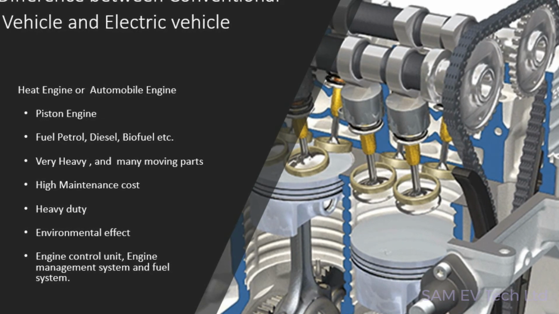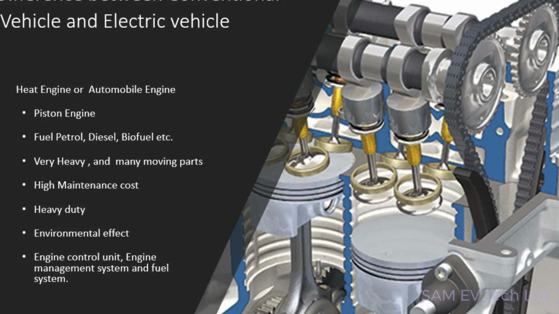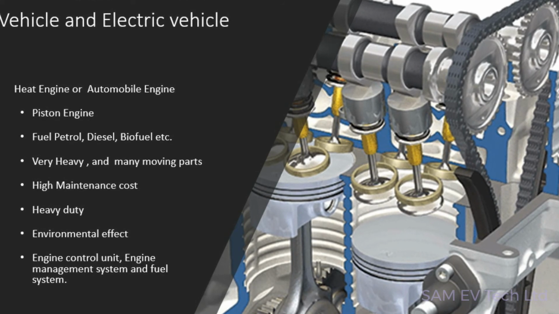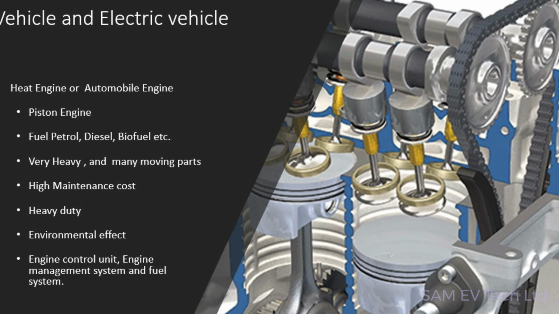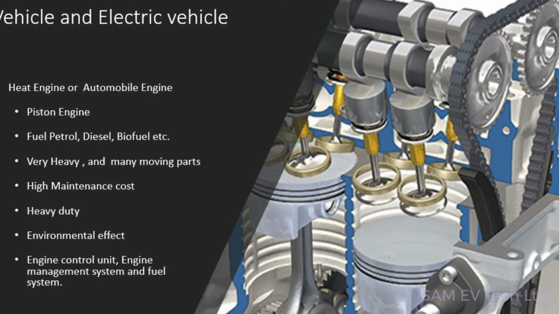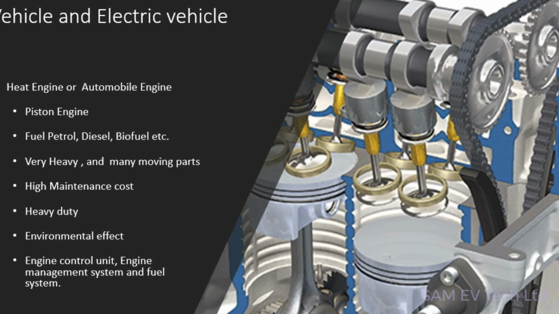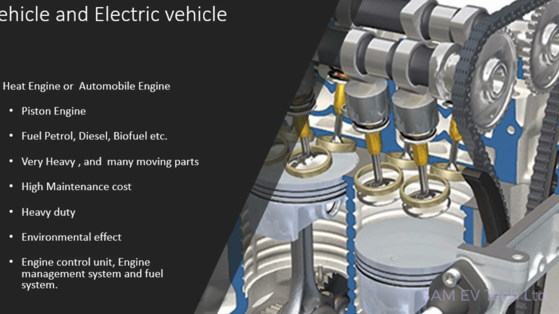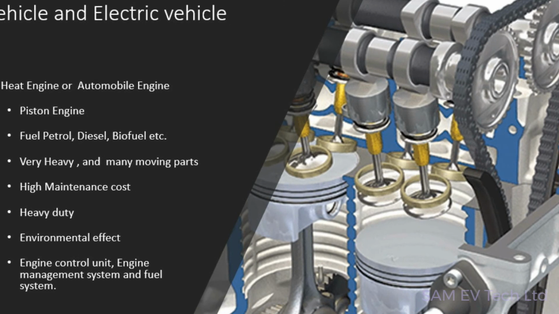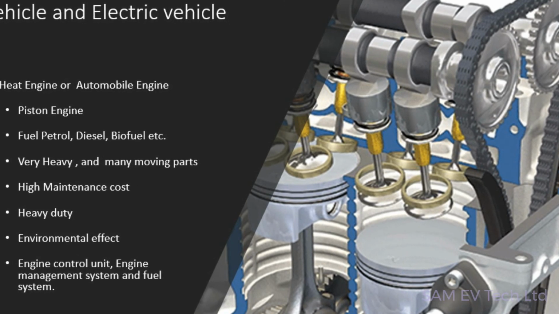It has environmental effects, and also it has an engine control unit, engine management system and fuel system. There are also systems to control the engine temperature: hydraulic system or thermodynamic system to manage the heat transfer.